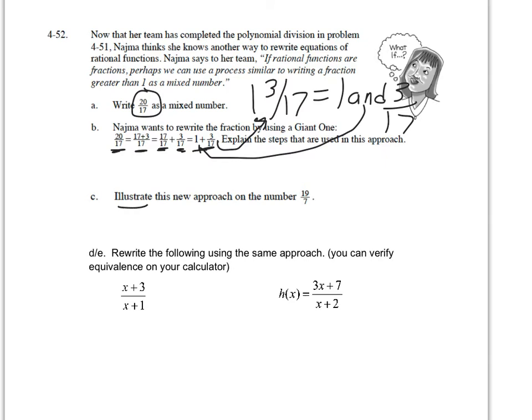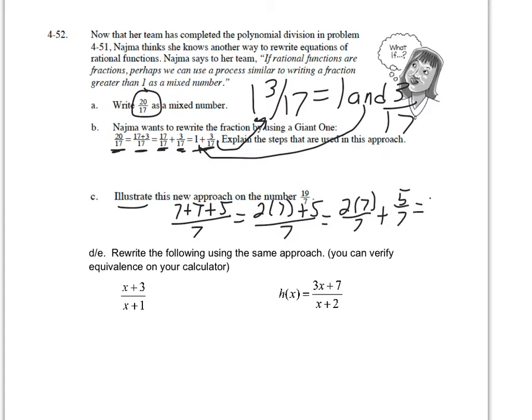So if I want to illustrate this approach with 19/7, well, 19 is 7 plus 7 plus 5 over 7, or 2 times 7 plus 5 over 7, which is 2 times 7 over 7 plus 5 over 7, which is really just 2 plus 5/7.